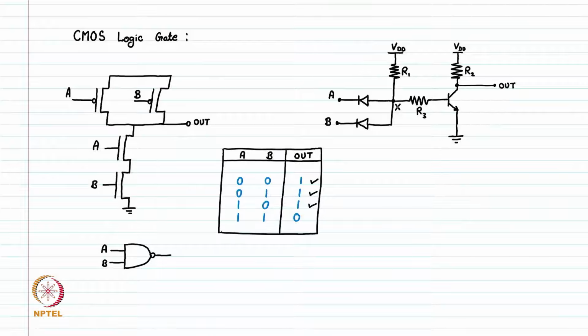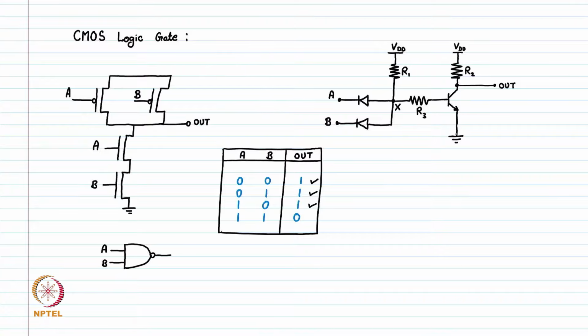When this node X is high, VDD, the BJT's base to emitter voltage is higher than its threshold voltage. So base voltage is VDD and emitter voltage is 0. So this VB is very high, so this BJT will turn on.